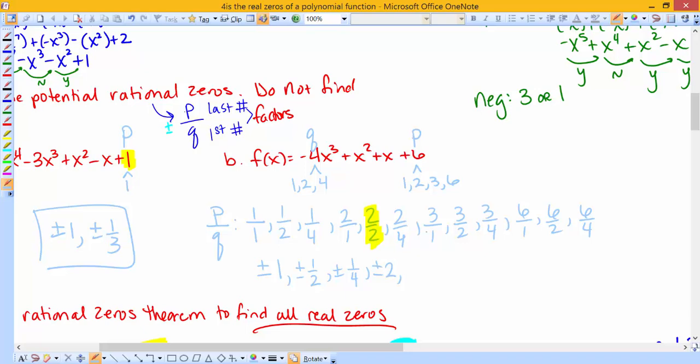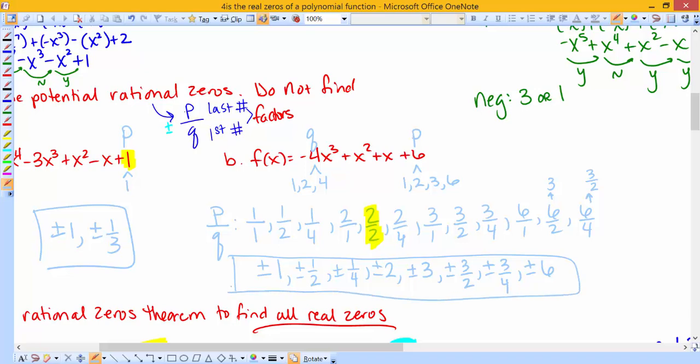Not going to write it again. 3 over 1, so plus or minus 3. 3 over 2, don't have that yet. 3 over 4, don't have that one yet. 6 over 1, don't have that one yet. 6 over 2, what does 6 over 2 become? 3. Oh, I have that one, so I don't need to write it again. 6 over 4, what does that become? 3 over 2, which I have. So I am done. I have found all of my possible rational zeros.